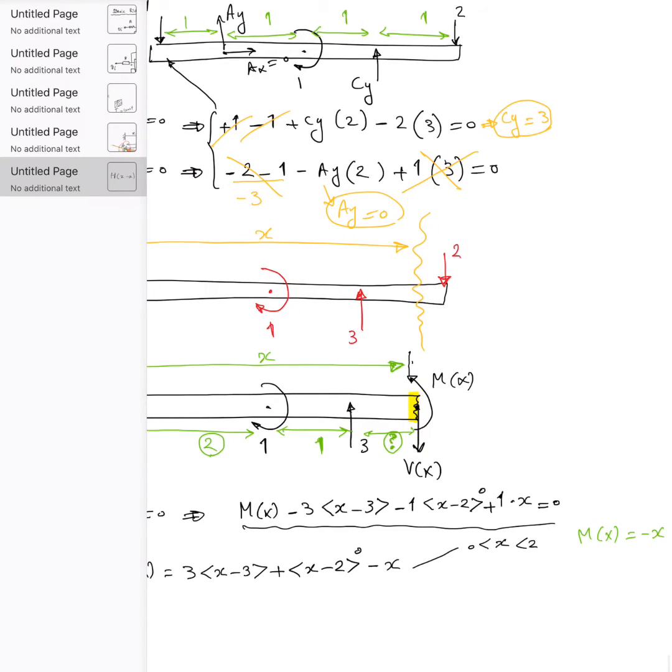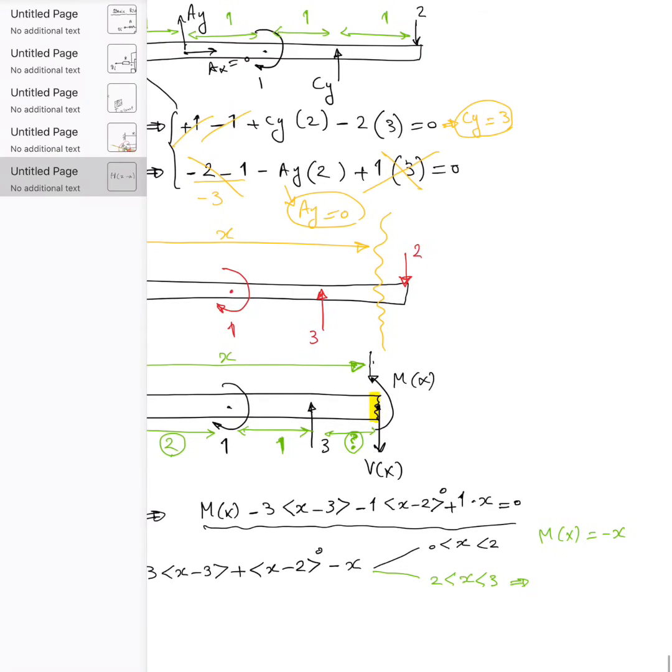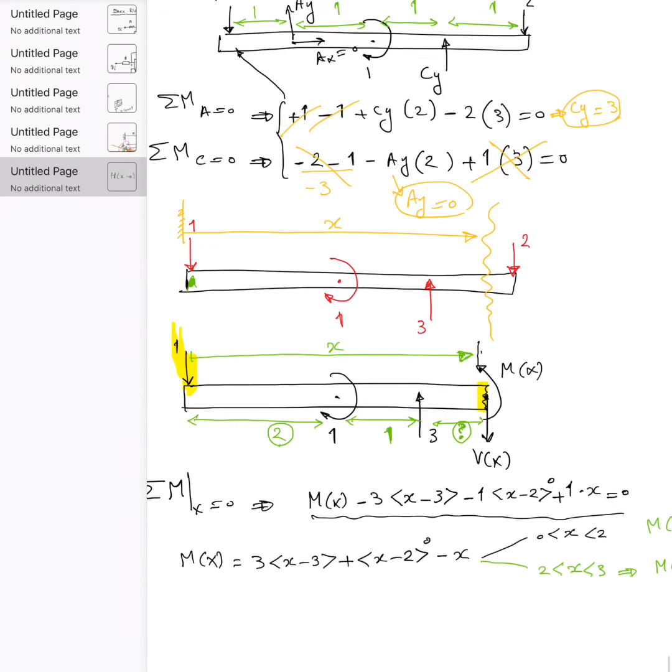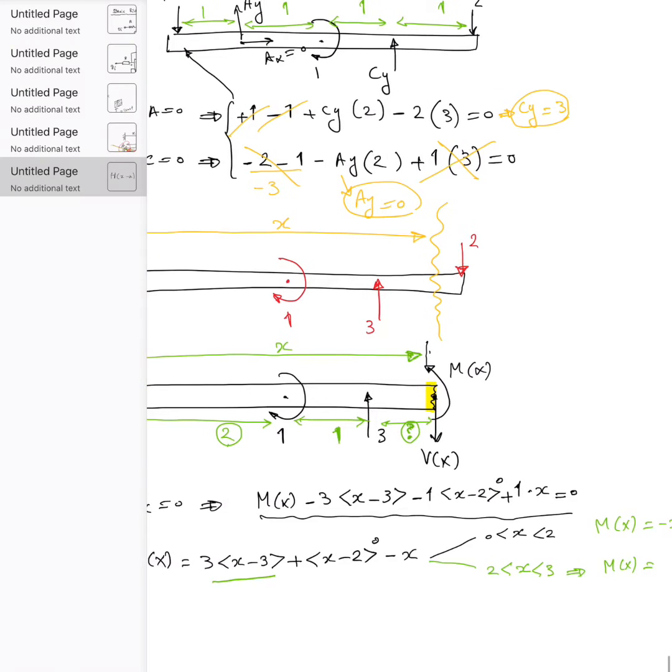The other case, when x is between 2 and 3, then your Mx is equal to, let's go back here, x is between 2 and 3. So you don't have this first term, because your x must be greater than 3 in order to get that term. So this term simply doesn't exist, it's null. The second term, do you have it, yes or no?